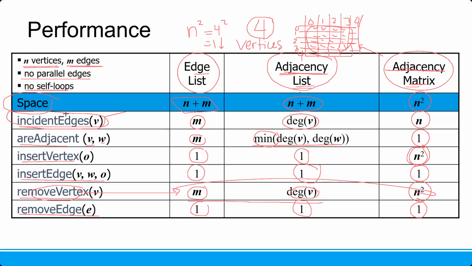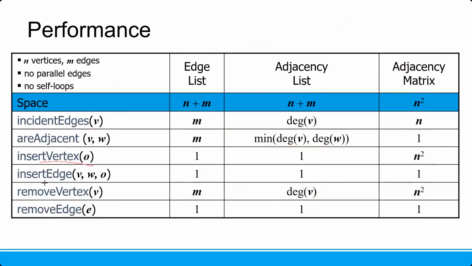When you want to check whether the vertex has incident edges, it also takes more time than only the insert. When you consider only the edges, all of them are one. So consideration of the vertex will be important for creating a graph.